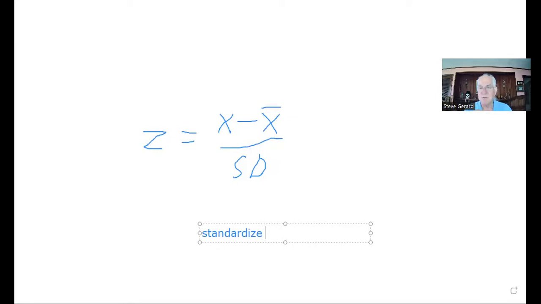The place where you end up using STANDARDIZE is if I gave you a problem and said, okay, the raw score is 0.03356, the mean is 0.04527, and the standard deviation is 0.00357.